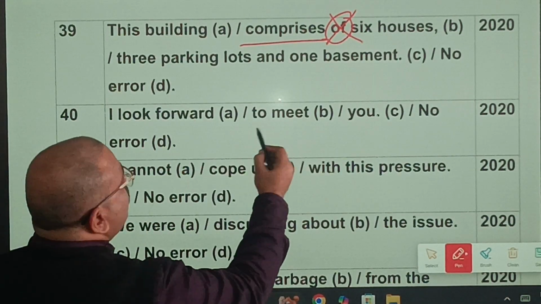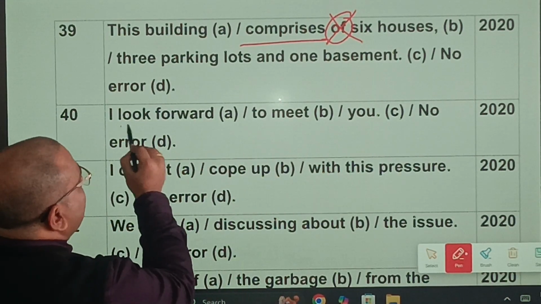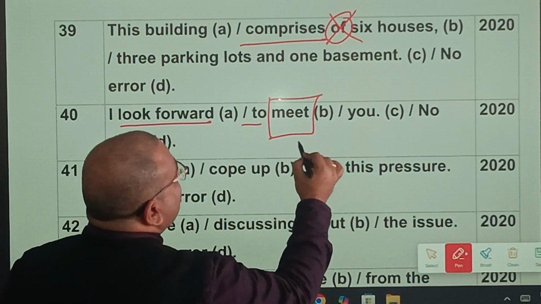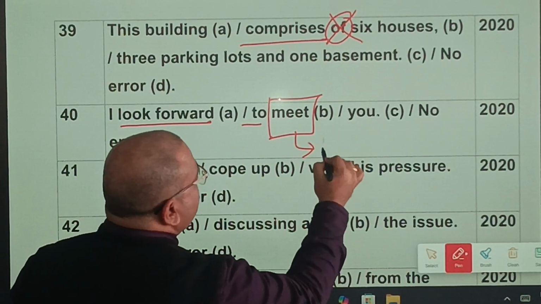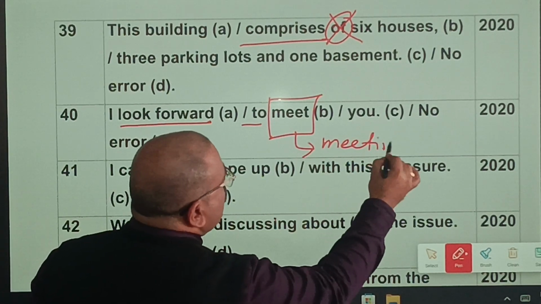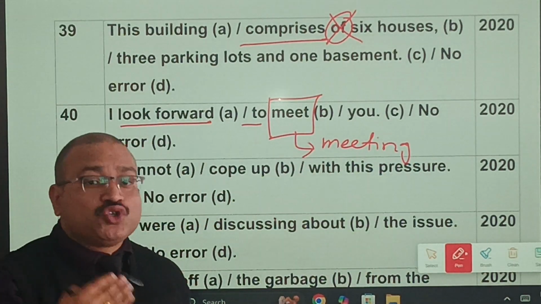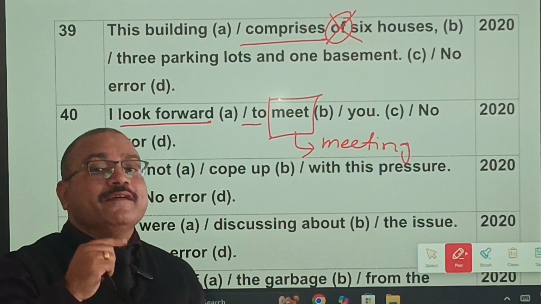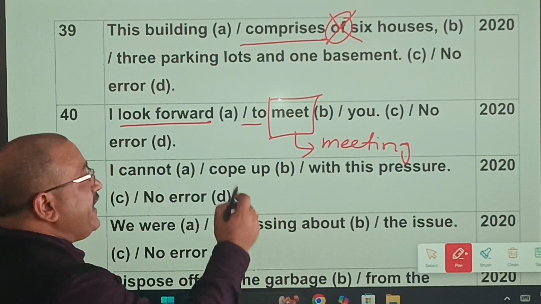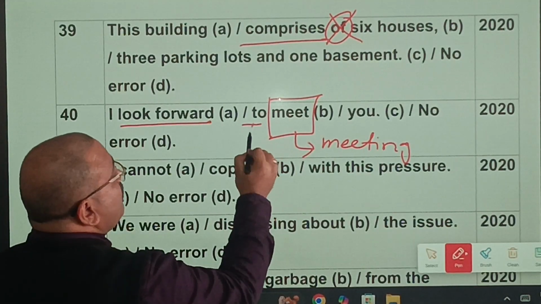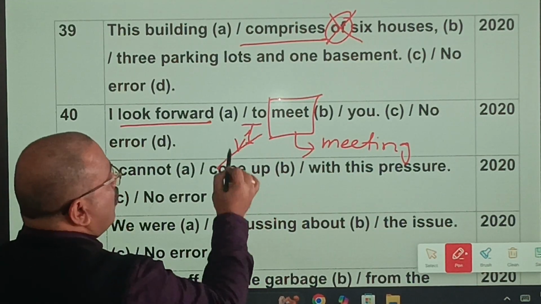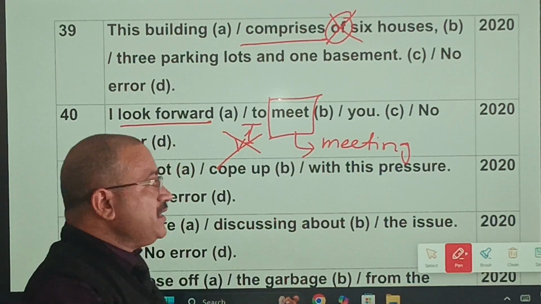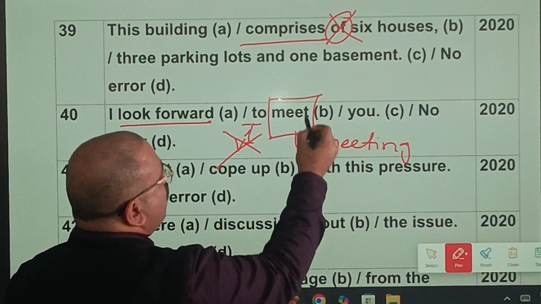I look forward to meet you. What is wrong here? I look forward to, wrong. What will you use? Gerund. So meeting. I look forward to meeting you. Accustomed to, verb with ing. Look forward to, verb with ing. Don't get confused. Generally after to we have the base verb, but look forward to is followed by what?